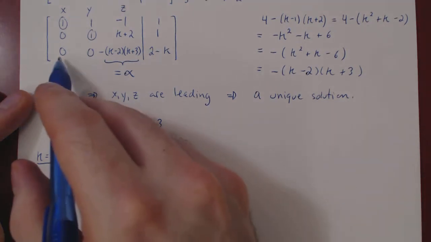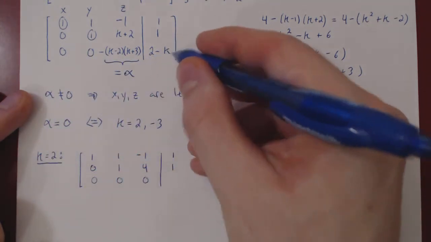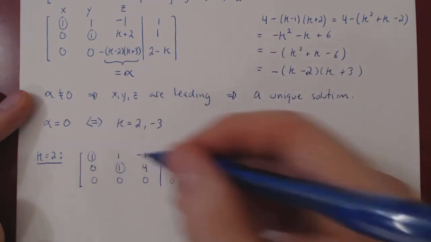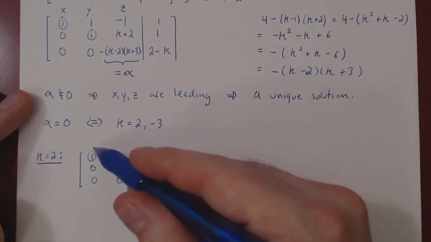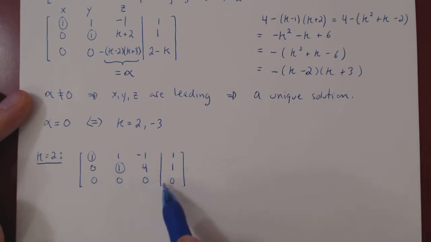And the third row will become 0, 0, 0, and 0. So if you notice, x and y are leading. The bottom row is actually trivial. It says that 0 is equal to 0. So the system is consistent.